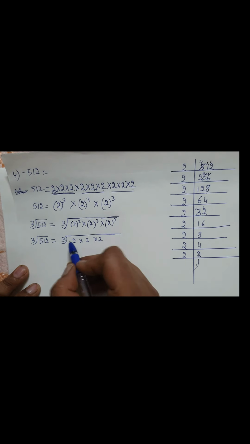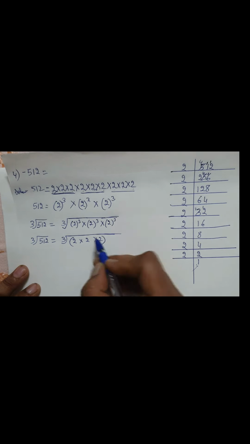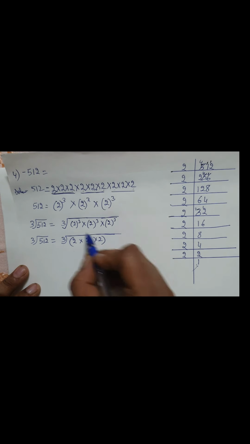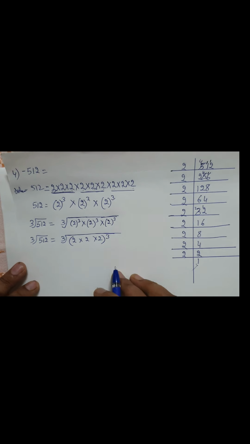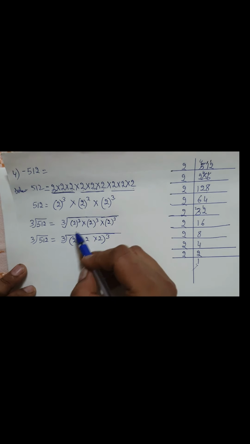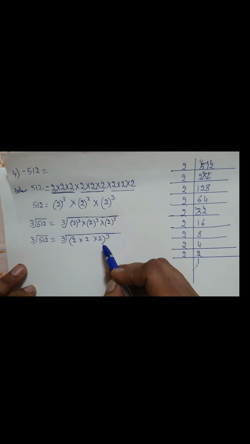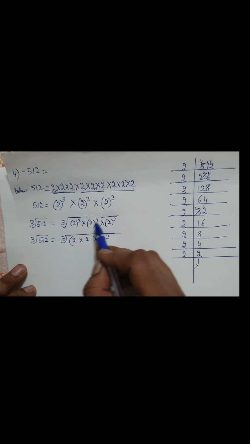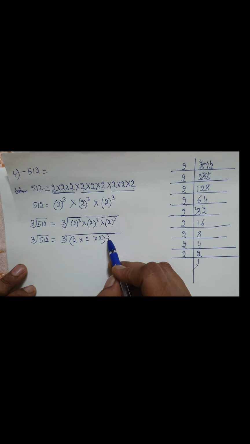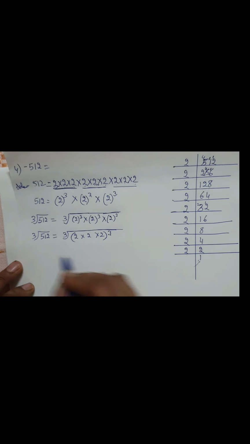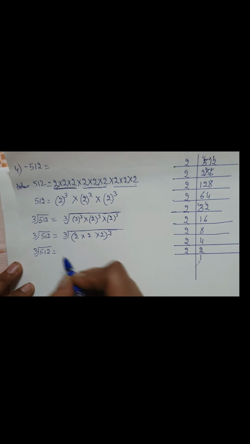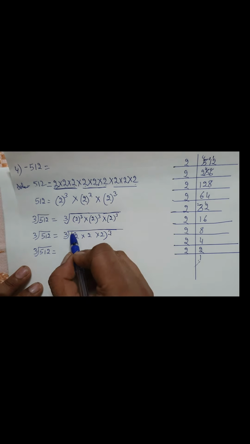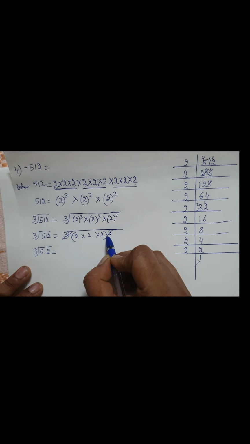All these numbers we have to put in one big bracket, and we will put only one common 3 over here, that is cube. Now the cube and this cube root get cancelled.